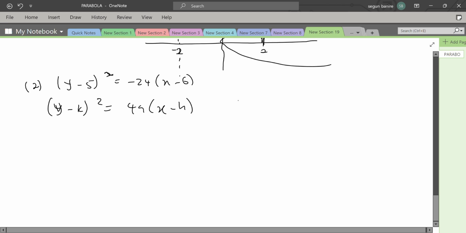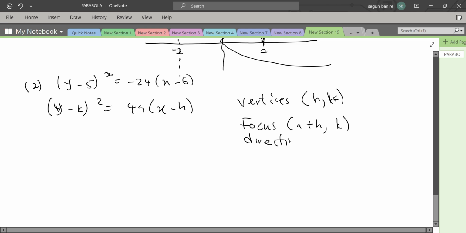The vertex is at h comma k, and we said the focus will be at a plus h comma k, and the directrix will be x equals minus a plus h. Okay, so now let's get the values. k is 5 from here, and h is 6 from here also.